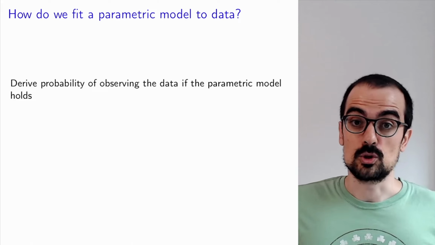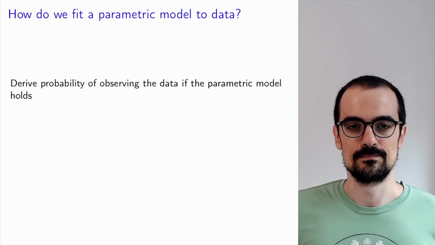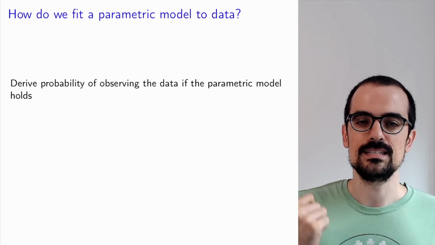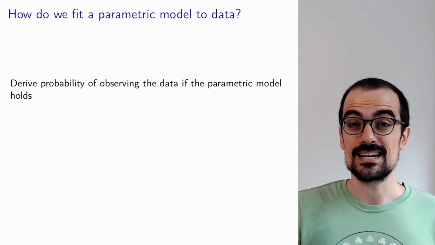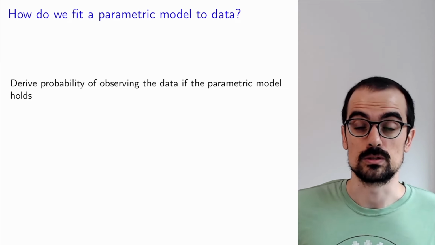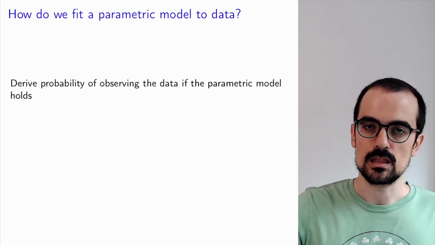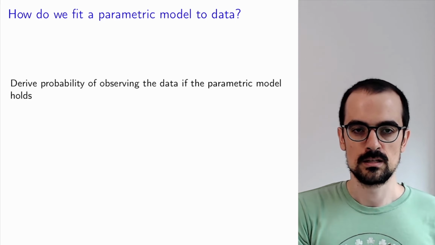So how do we fit those parameters? We can fit them with limited data, that's great, but how do we actually fit them? What we do is we derive the probability of observing the data that we're actually seeing under the assumption that the parametric model actually holds. We say, okay, if we had a geometric distribution with parameter theta, this would be the probability of the data that we are observing.